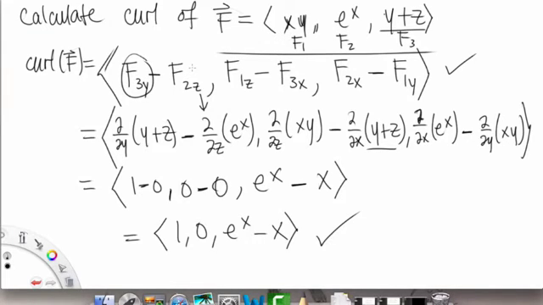Alright, great. So now we'll move on to something a little different. Well, not really that different. It's related. If we do have a conservative vector field, that means that F is equal to the gradient of V, where V is our scalar potential function. Remember, potential function.